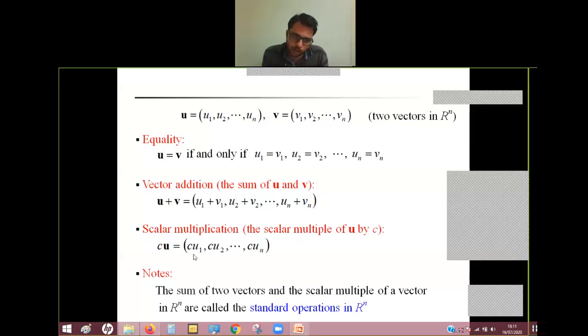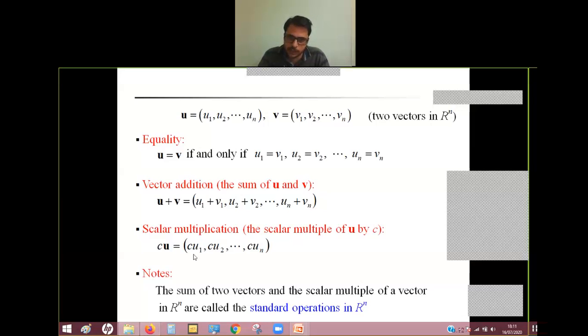So the corresponding scalar multiples will be cu1, cu2, up to cun. These are the very basic operations, vector addition and scalar multiplication. Now the note is very important here.